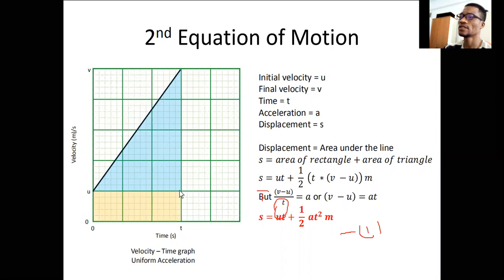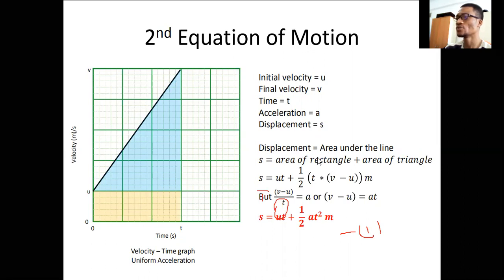Here we've got a triangle, and then we have a rectangle under it, which looks like a trapezium. So displacement is equal to area under the line, as you can see.